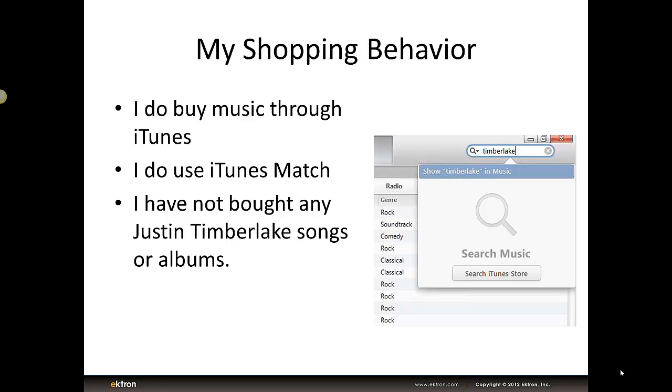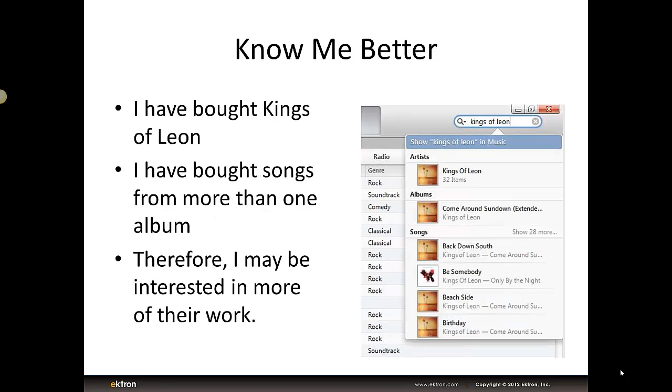Again, I have nothing against him, just don't have any of his music. But they should know me better. Because they have this information, they have these other systems that should know what I'm interested in. They should have this store of customer data about me available to target emails specifically to me.